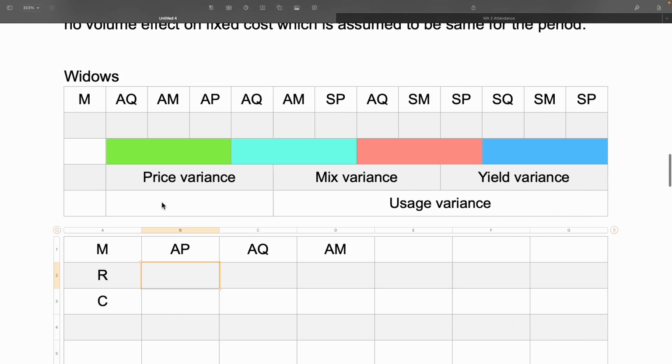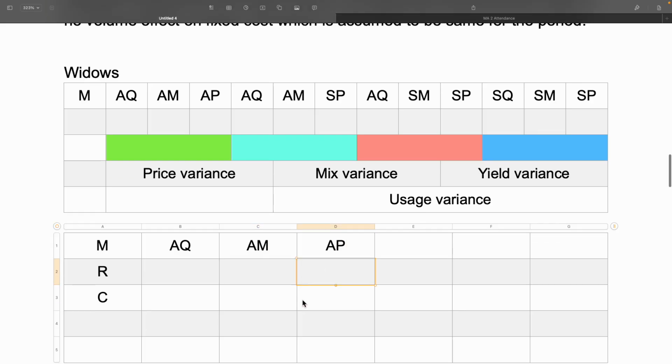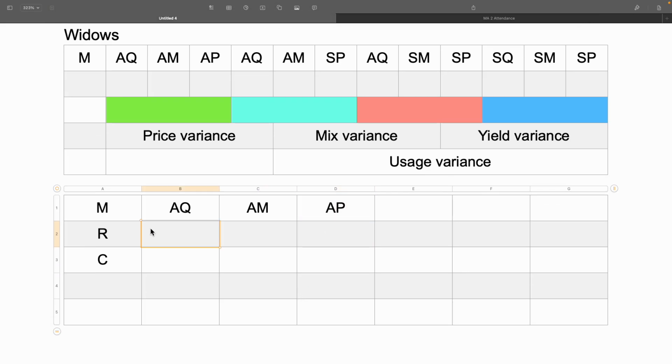No, actual price. Actual quantity, it's supposed to be actual quantity. Actual quantity. Actual mix, actual price. Okay, so we have something here.